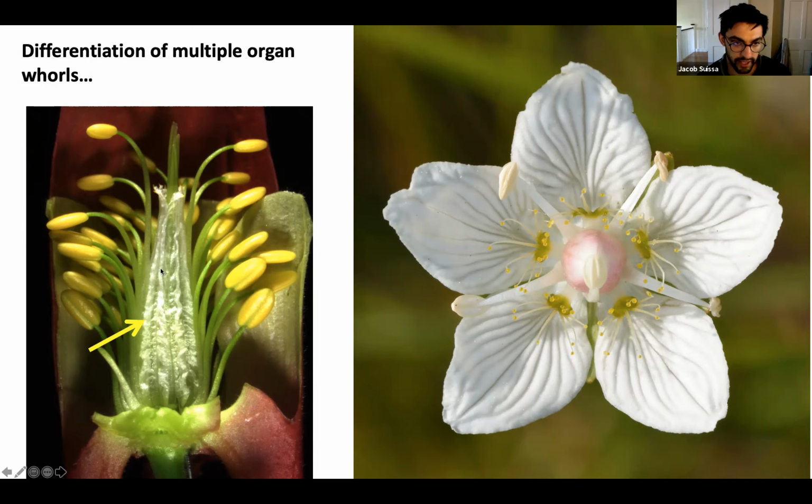Believe it or not, this is actually a whorl of stamens, this papery structure on the left that's surrounding the carpels. It is the innermost whorl of stamens, but over evolutionary time, they've become highly modified and papery, and they are definitely not functional. You can even see these yellow tips at the top are aborted anthers. I'm not entirely sure.